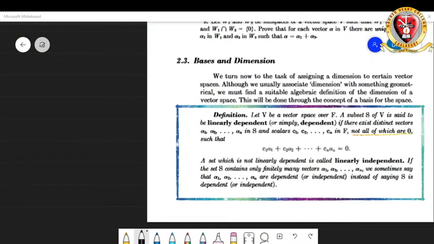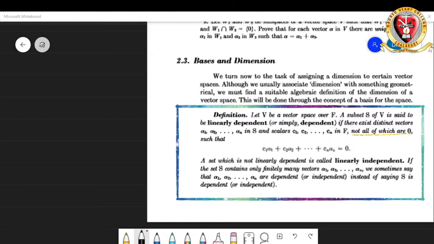Hello there. We had seen in the earlier lecture how to define a vector space and seen ample examples regarding the same, and also what a subspace of a vector space is. Also, we have dealt with a lot of exercises dealing with subspaces.